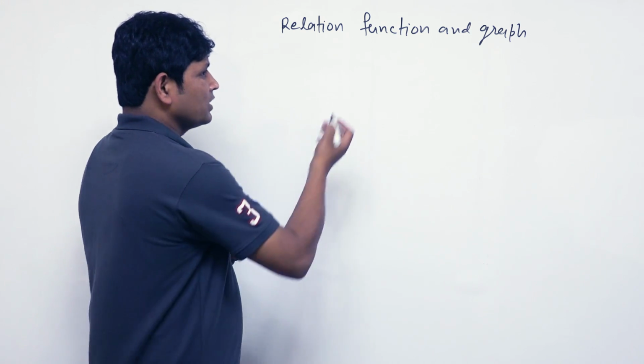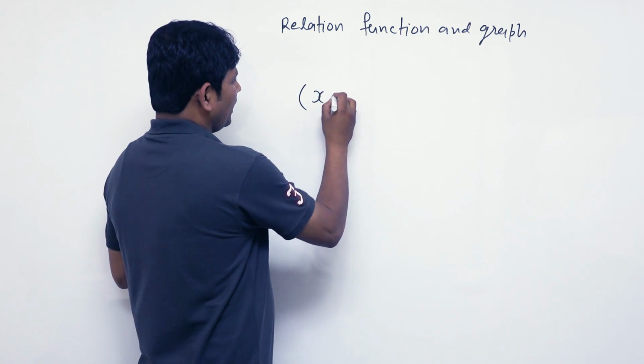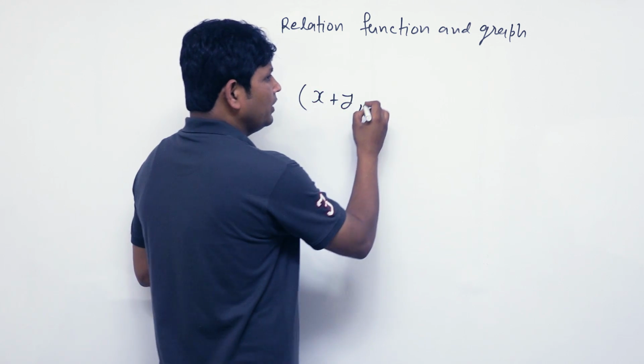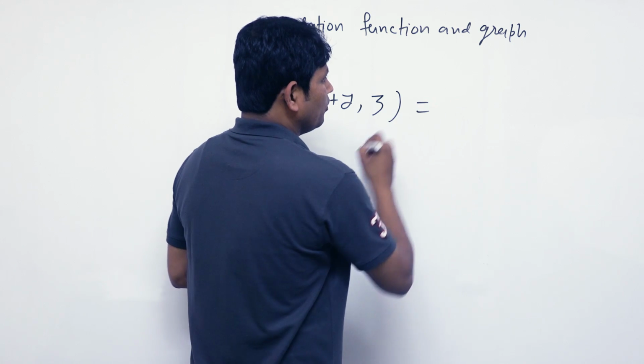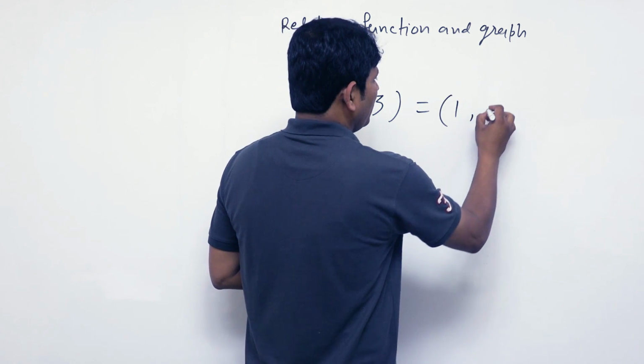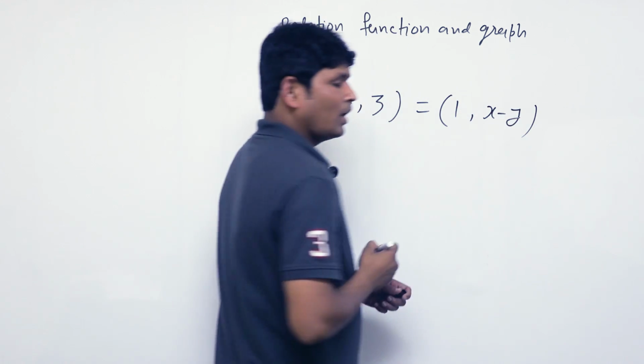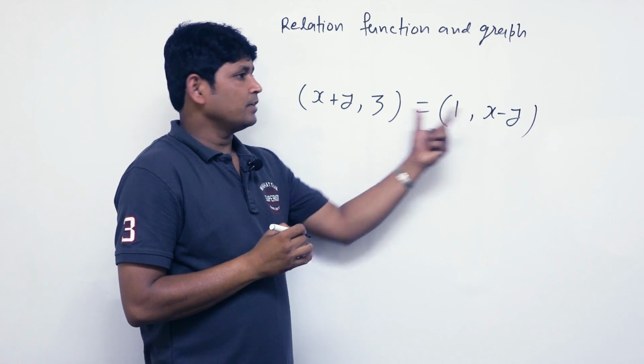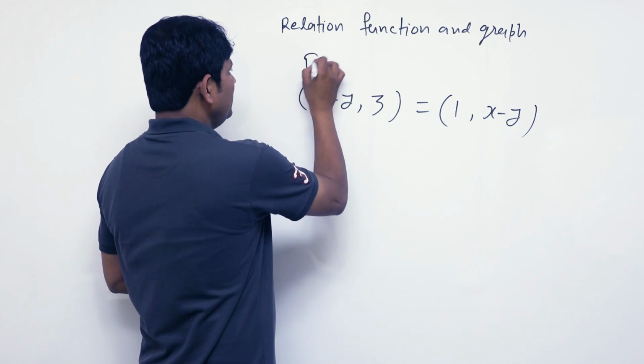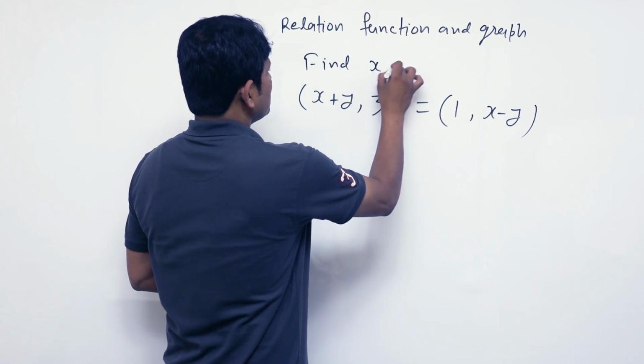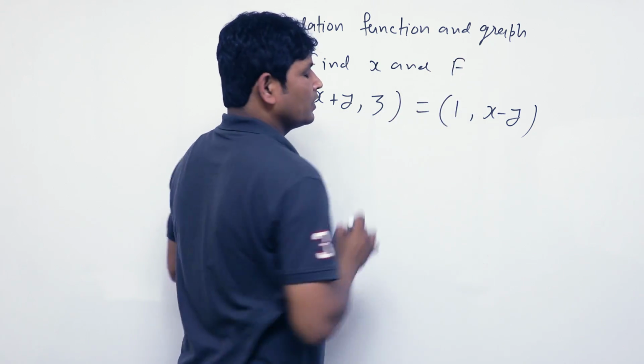Suppose I take one example: (x plus y, 3) is equal to (1, x minus y). The question is, you have to find x and y.